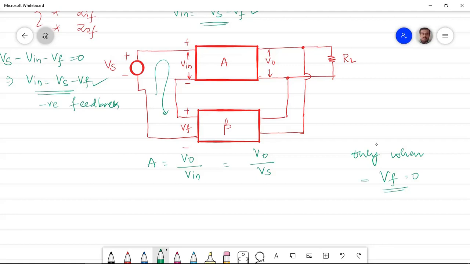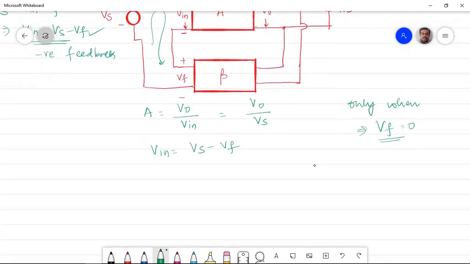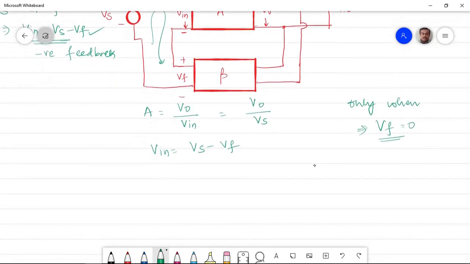So assuming that condition here, I can write A as V naught by Vn, which is equal to V naught by Vs. Now we shall see what Vn is equal to. Vn, we know, is Vs minus Vf. So what I'm going to do further is play around with these equations and finally arrive at an expression for AF, which is V naught divided by Vs.